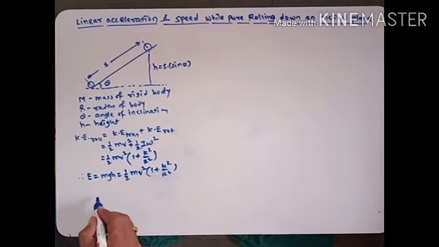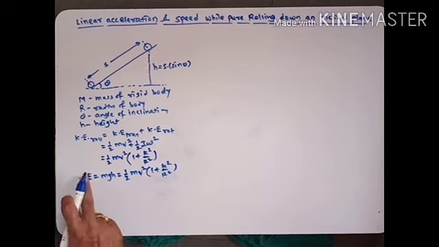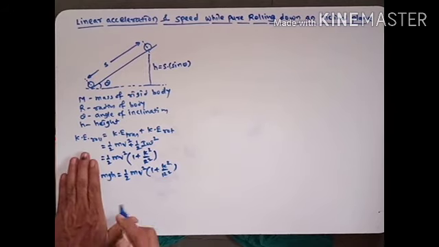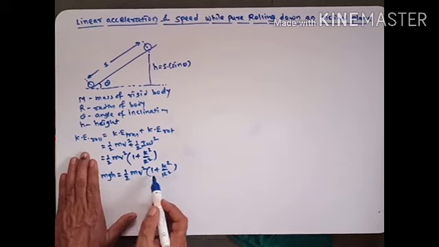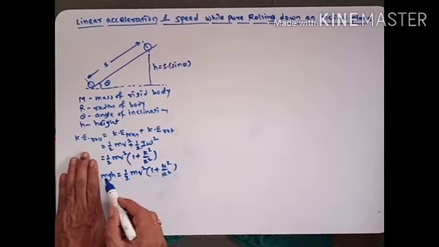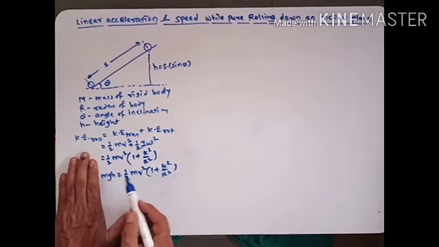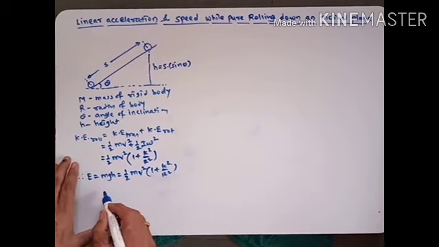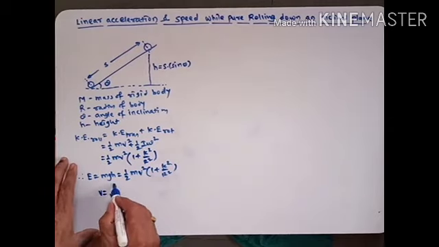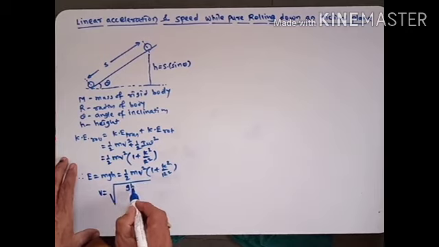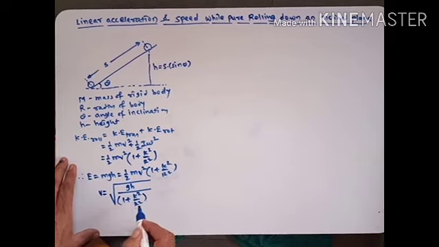This m gets cancelled, and therefore v is equal to the square root of gh upon 1 plus k square upon r square.